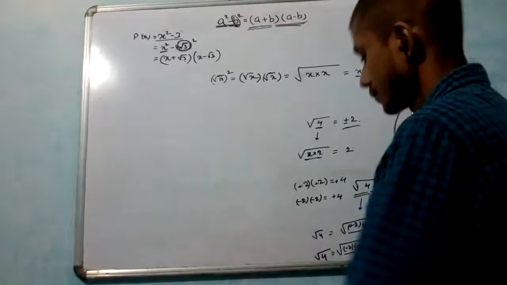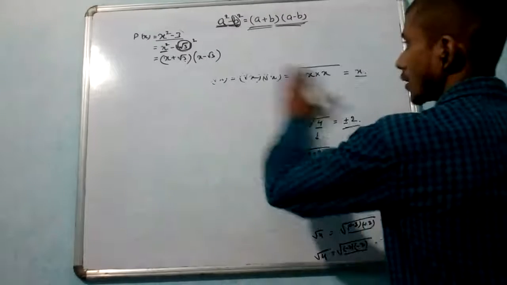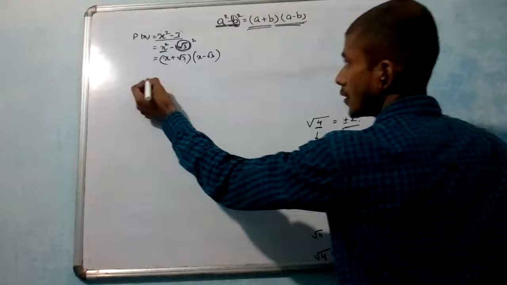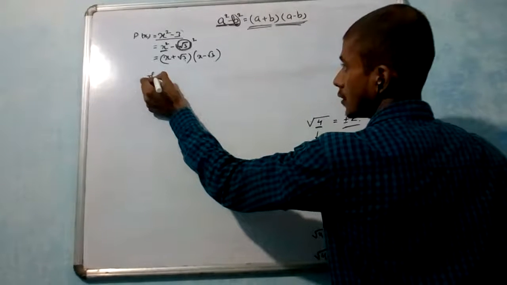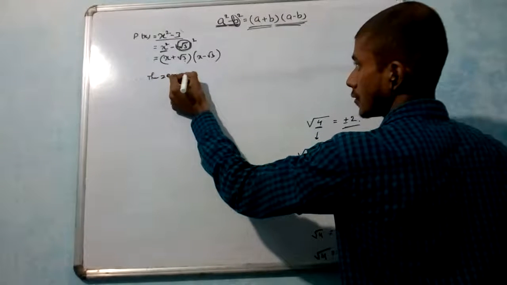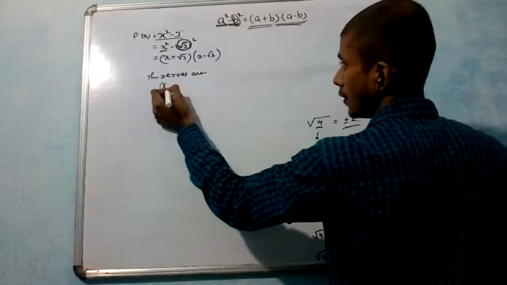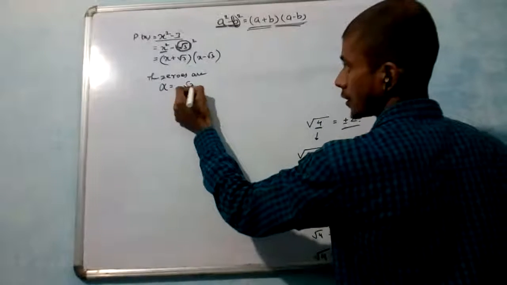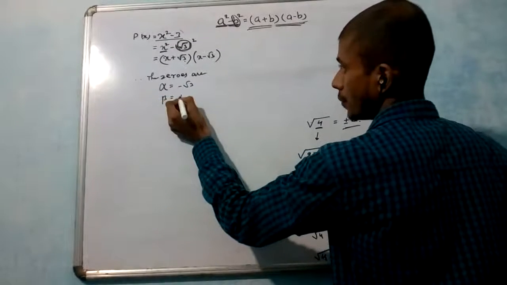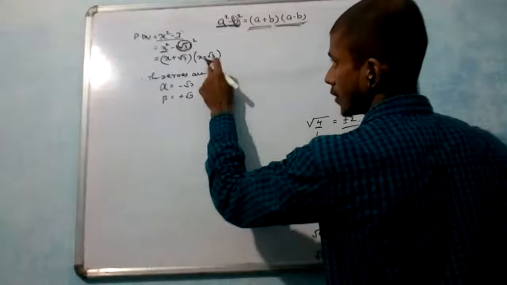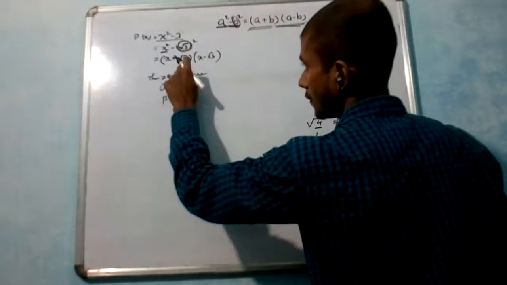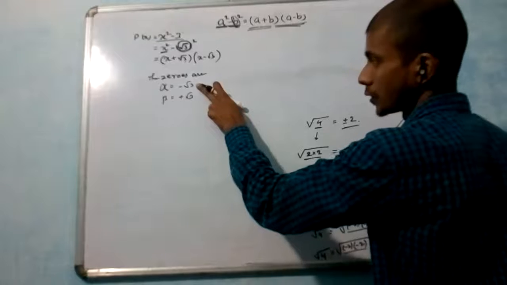Yes. So tell me. Therefore, the zeros are alpha is equal to minus root 3, beta plus root 3. For this linear we have minus root 3 as the zero. For this we have plus root 3 as the zero. Clear?